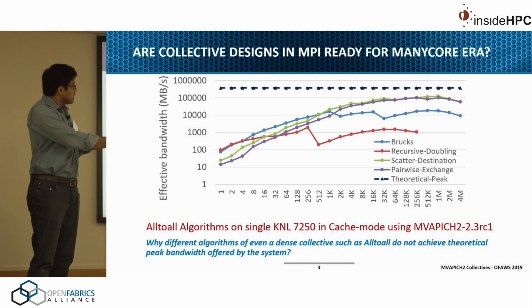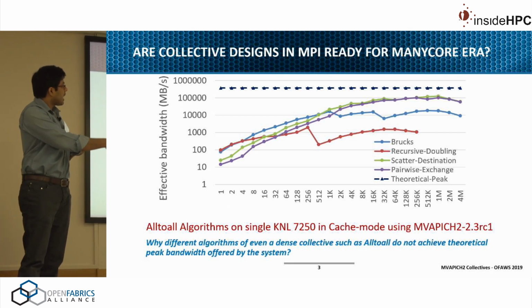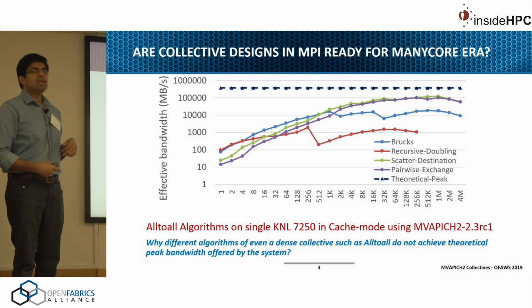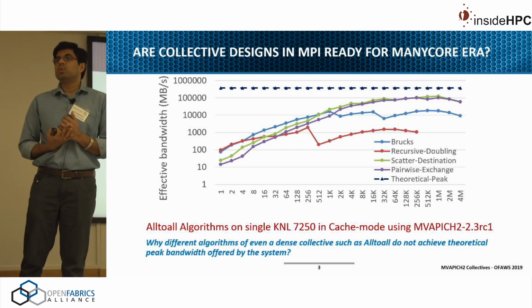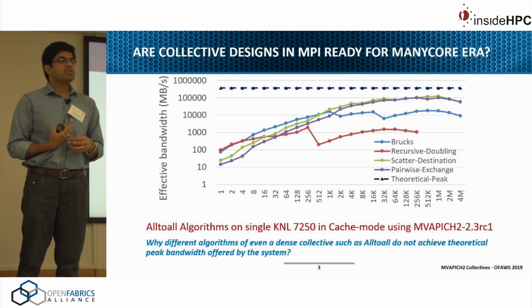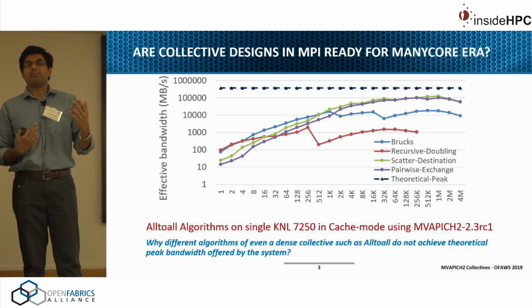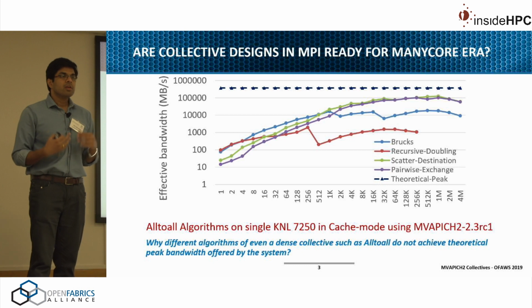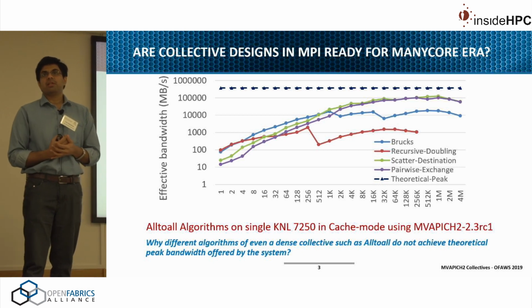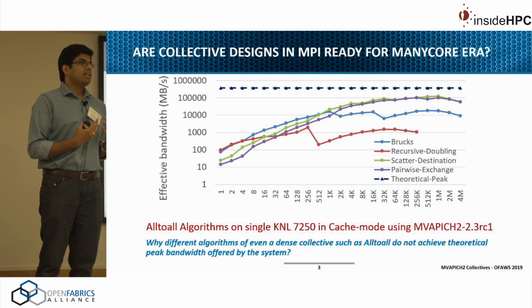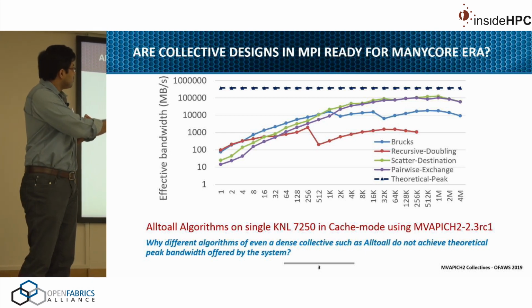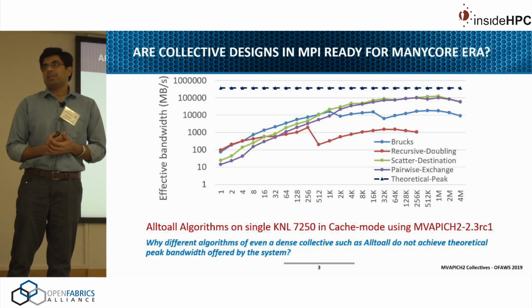As you can see, some of the most popular algorithms we have are not able to saturate your theoretical peak. This is especially true for the dense many-core nodes like your Skylake or ARM systems. So this forms our motivation. What can we do to ensure that the performance of collectives comes closer to this theoretical peak from where it is now?